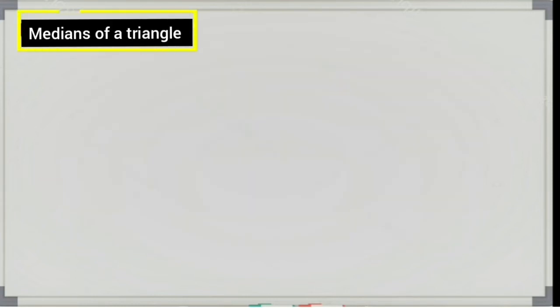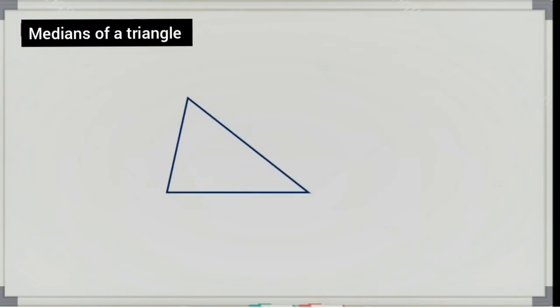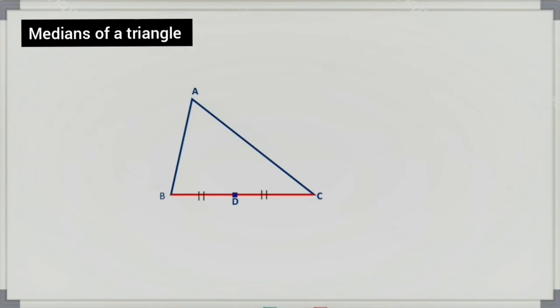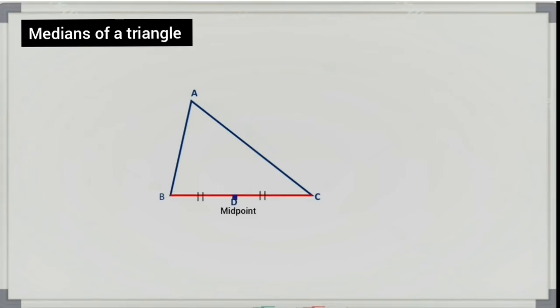Let us learn now about medians of a triangle. Draw a triangle to understand what medians are. Look at the triangle ABC. Assume we have a point D on segment BC such that BD is equal to DC. It means D is the midpoint of segment BC.